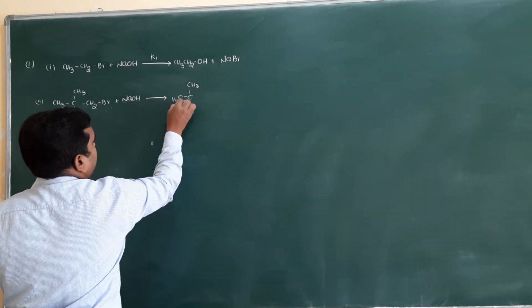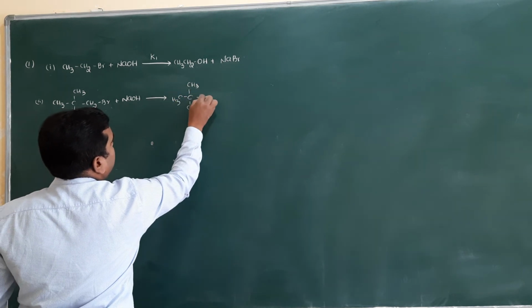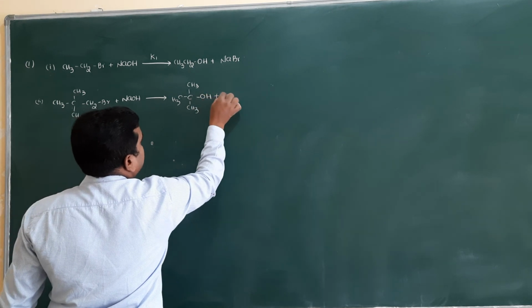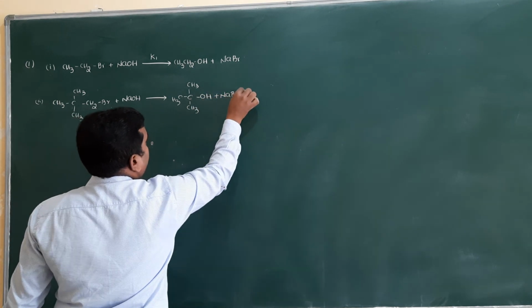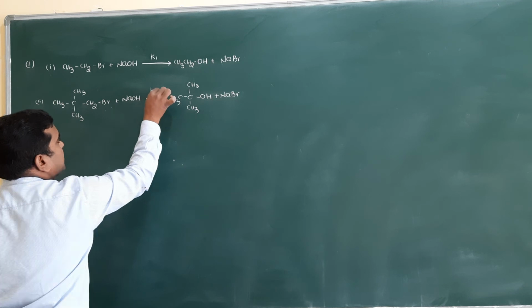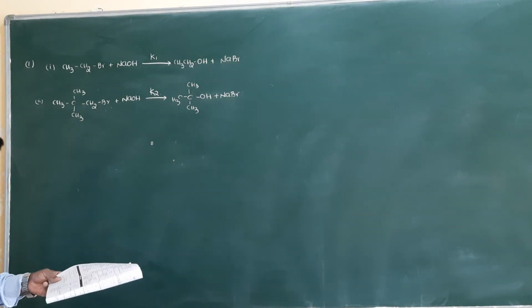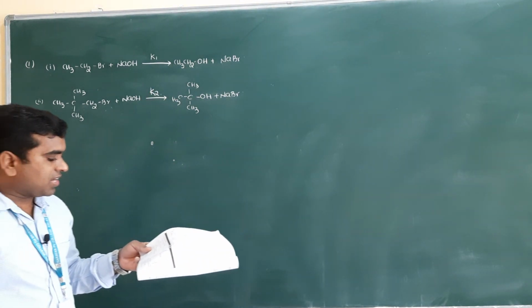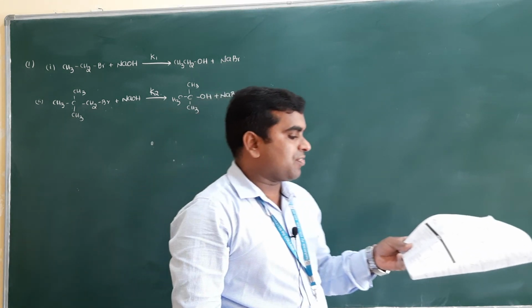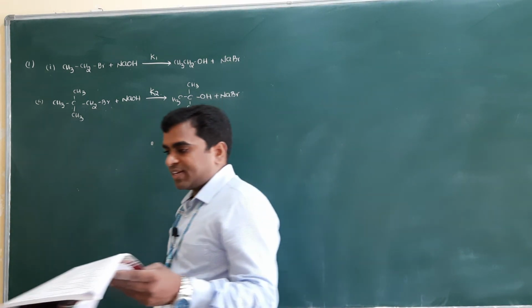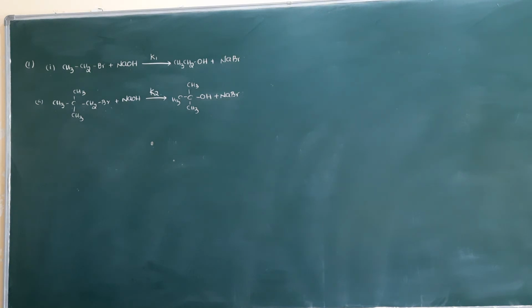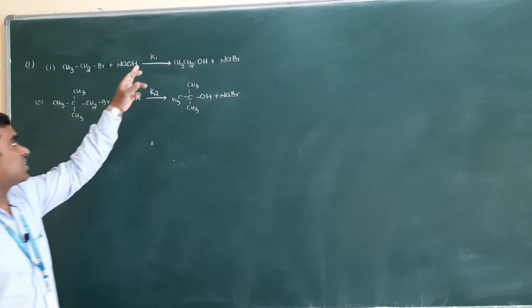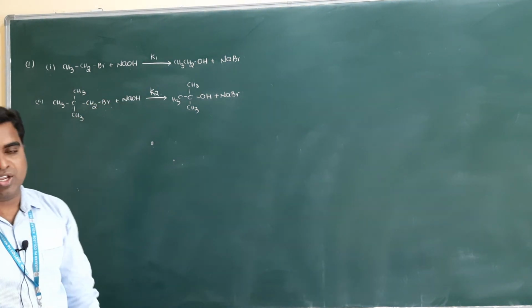The product is CH3OH plus NaBr, and the rate constant for this reaction is K2. Now they are asking: K1 and K2 are rate constants for the above reactions. What is the correct relation between K1 and K2?